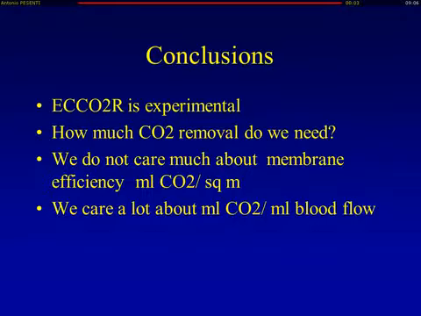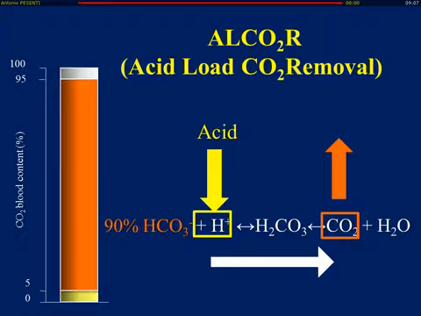We should be able to work at low blood flows, ideally 250 milliliters per minute, in this range. So we do not care much how efficient membranes are. We care about how much CO2 we can remove from a given amount of blood, because what limits the CO2 removal application is the amount of blood.